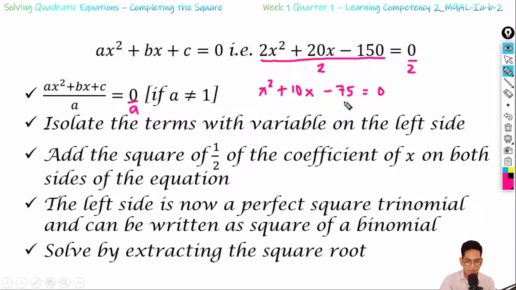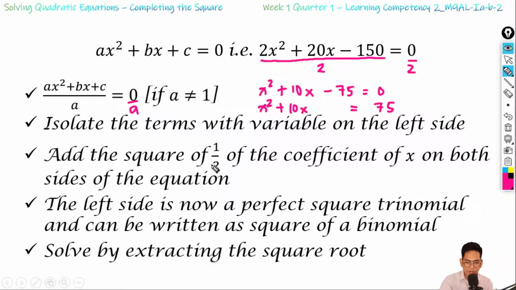Notice that this one is not a perfect square trinomial because negative 75 does not have a square root. Now, isolate the terms with variable on the left hand side. Therefore, we have x squared plus 10x is equal to 75. Isolated now the terms with variables on the left hand side of the equation.